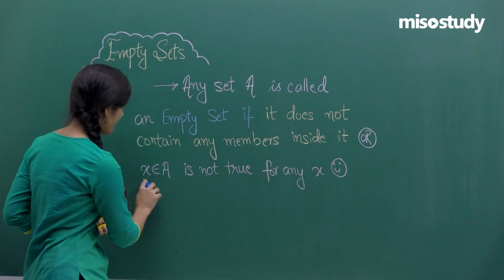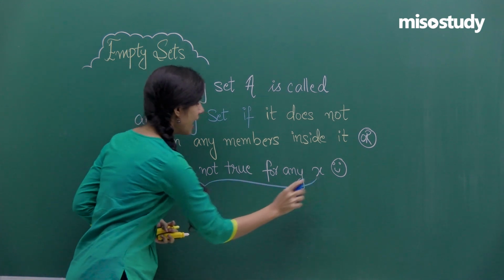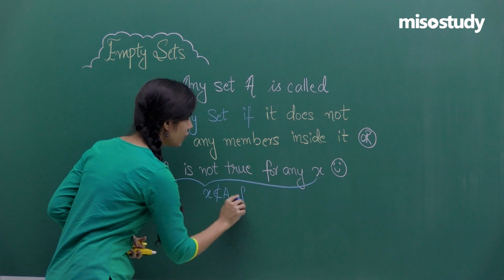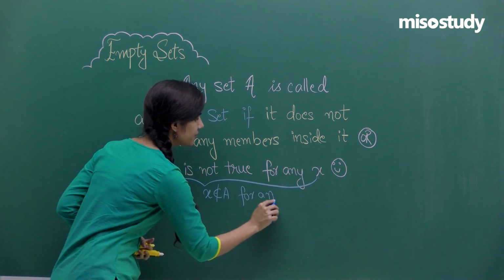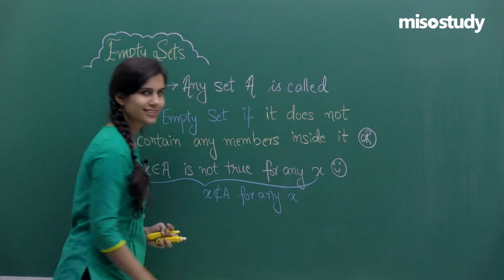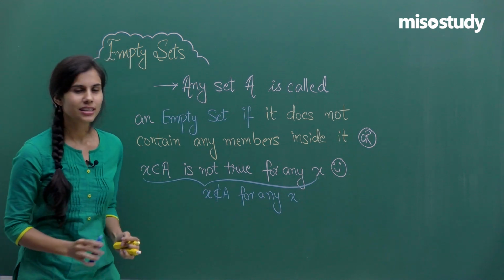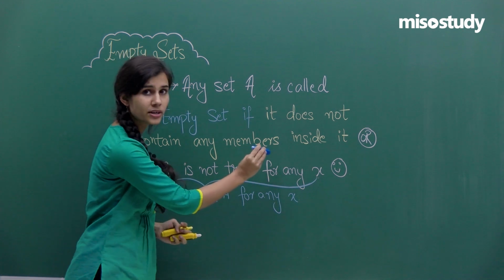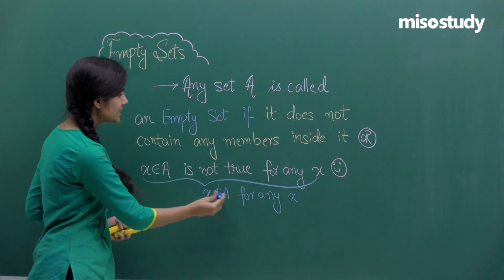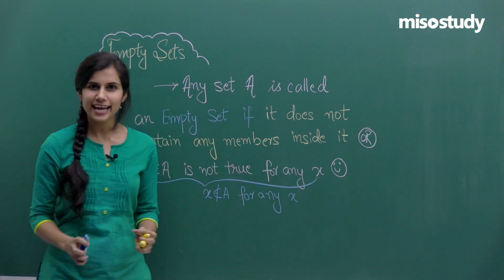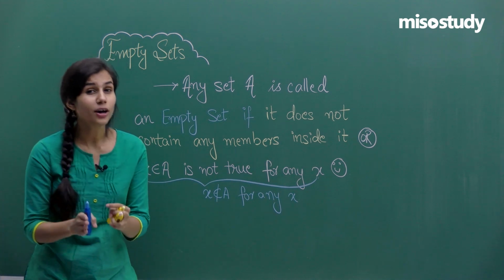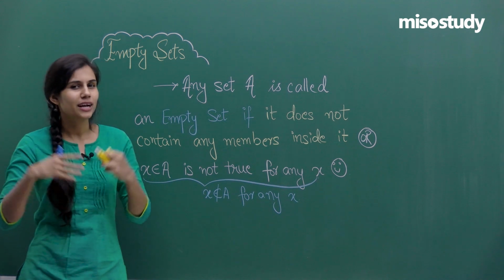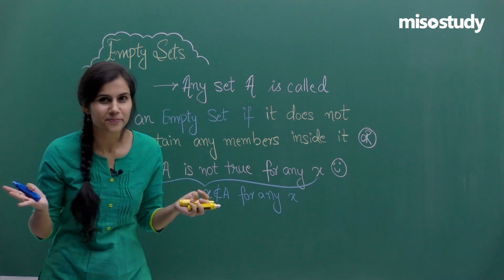By this particular line, I mean that x does not belong to A for any x. Wasn't this smart? Because the very fact that an empty set contains no members is the same as x does not belong to A for any x. You should be thorough with the mathematical language if you are aspiring to become an upcoming mathematician.